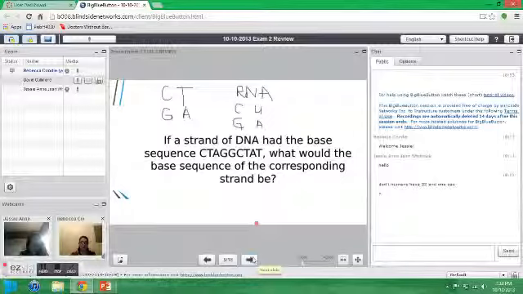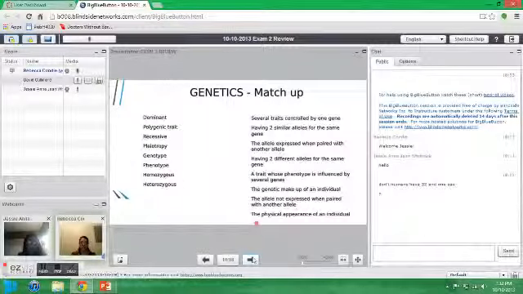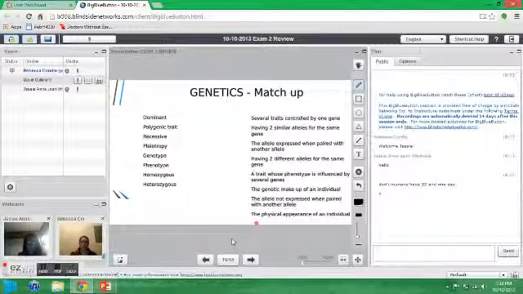So, in answer to the question, if it's DNA, then the opposite side would be GATCCGATA. And you just do whichever one's opposite. Does that make sense? Okay.